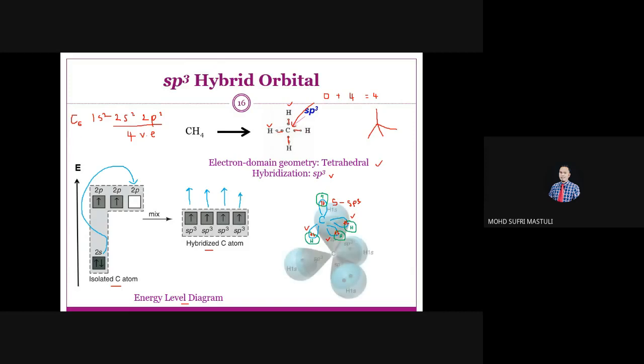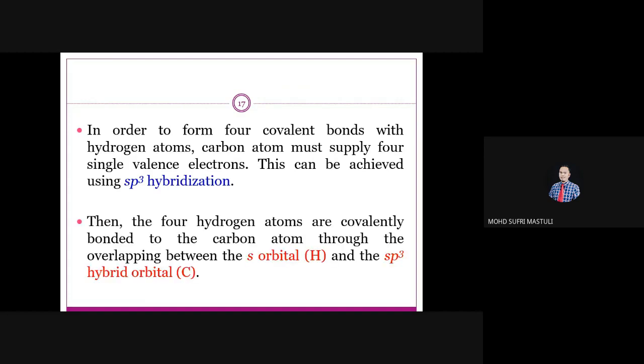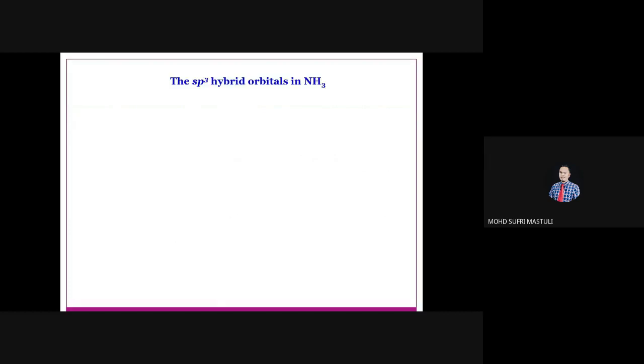So this is the diagram of the tetrahedral, and then overlapping with the s orbital of the hydrogen. Okay. So in order to form four covalent bonds with hydrogen atoms, the carbon must supply four single valence electrons. This can be done using sp3. The four hydrogen atoms are covalently bonded to the carbon atom through the overlapping between the s orbital of hydrogen and the sp3 hybrid orbital of the carbon. Okay.